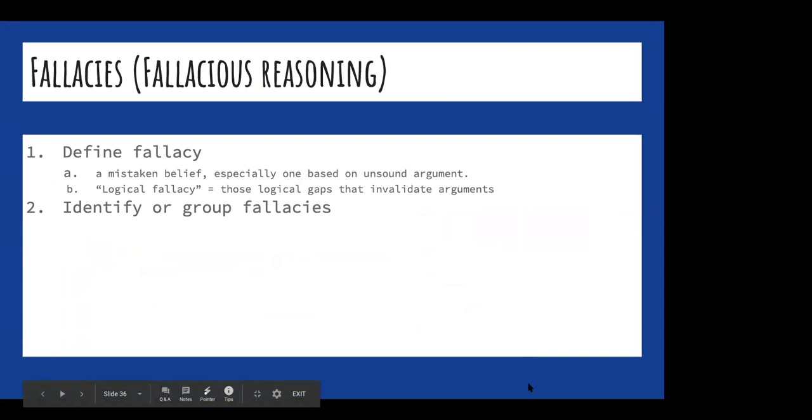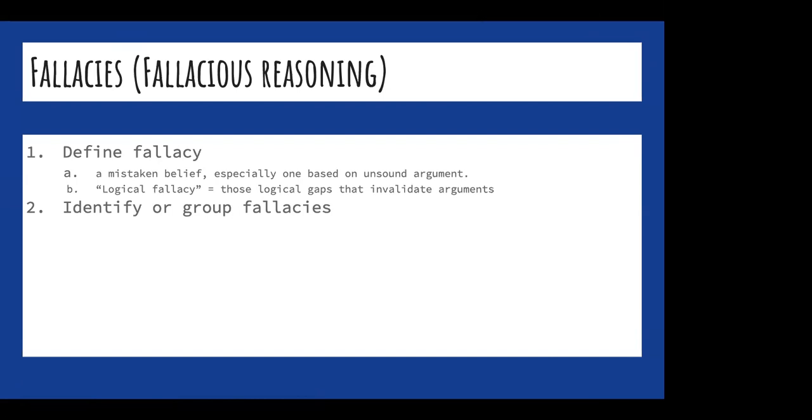So for the next part of why we may not have thought that it was quite as valid as we originally perceived it to be, we're going to talk about fallacies. Thinking about fallacies, that's really part of our high school target in our standards, and we really want to first of all understand what is a fallacy. A fallacy is a mistaken belief, especially based off of an unsound argument.